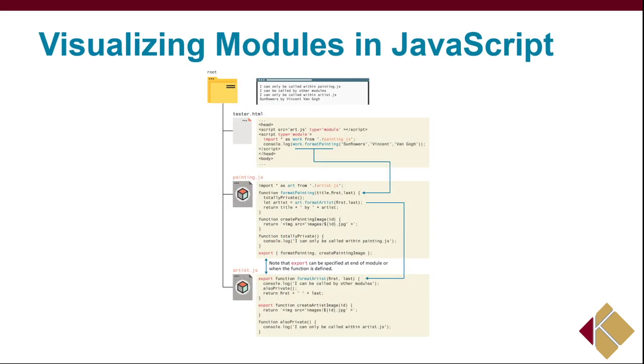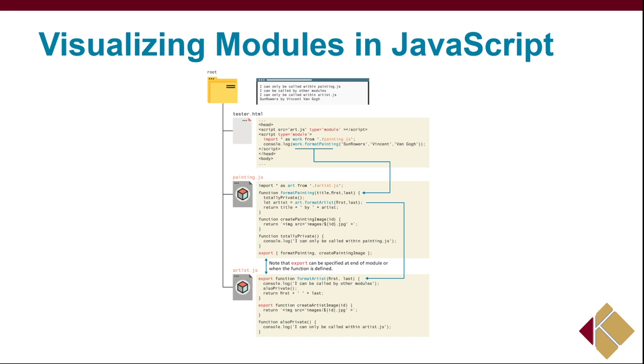So let's take a look here. And this is how you use modules. Okay? So we've got 3 files here. We've got tester.html, we've got painting.javascript, and we've got artist.javascript. In our tester.html, we are creating a module that is importing the painting.javascript file.